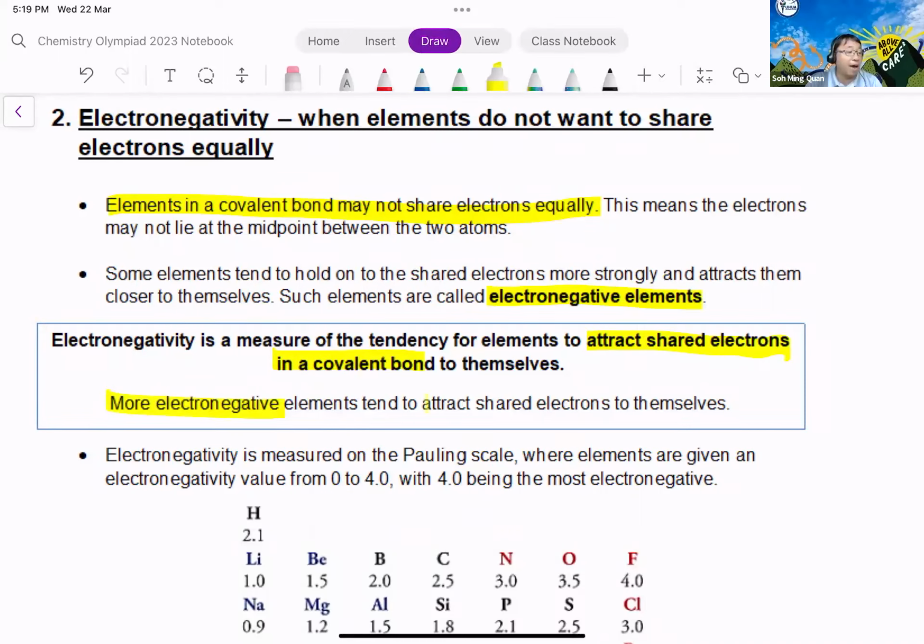More electronegative elements attract shared electrons to themselves. It's like playing tug of war. It's not right in the center. There's one party that is stronger, in this case, the more electronegative one. That's why it's able to pull the shared electrons closer to itself.